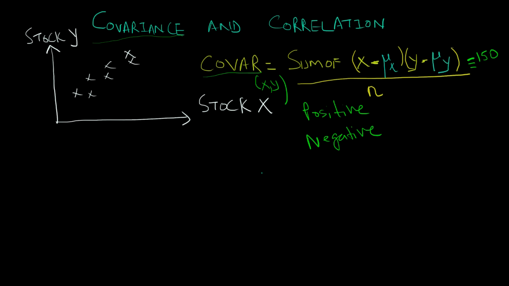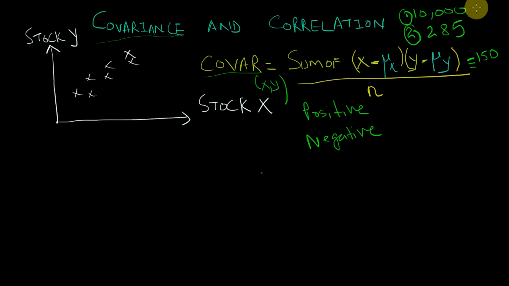Let's assume that you calculate the covariance between two stocks as 10,000. That's one answer. Then you have another two stocks and you calculate the covariance between those two stocks as 285.